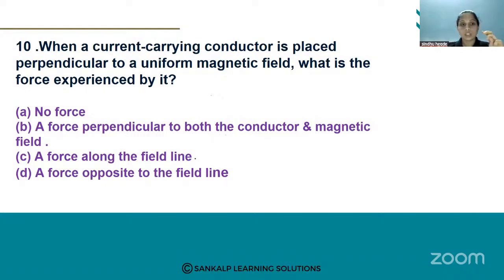C option, a force along the field line. And D option, a force opposite to the field lines. Which option is correct? We know that according to the left hand rule, force, magnetic field and current are all perpendicular to each other, right? So the force is perpendicular to both the conductor carrying current and the magnetic field. So option B is correct.